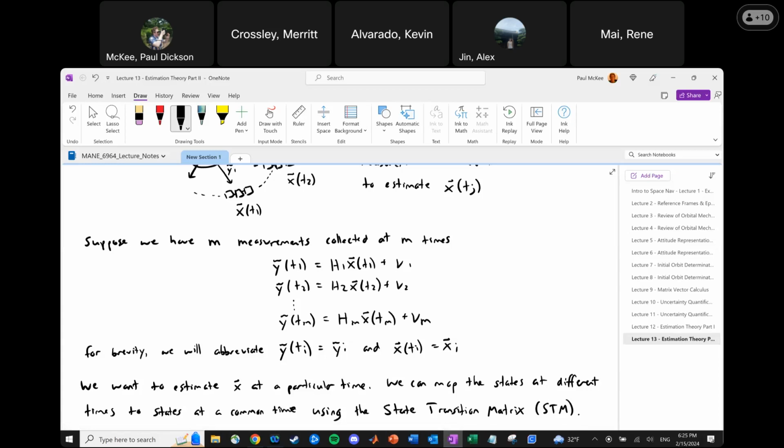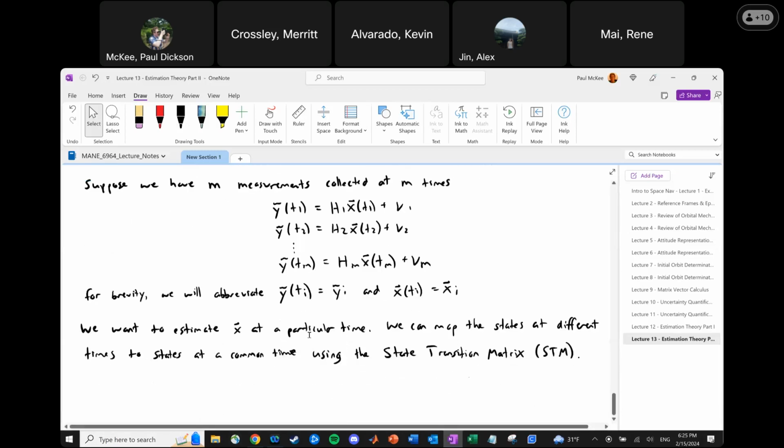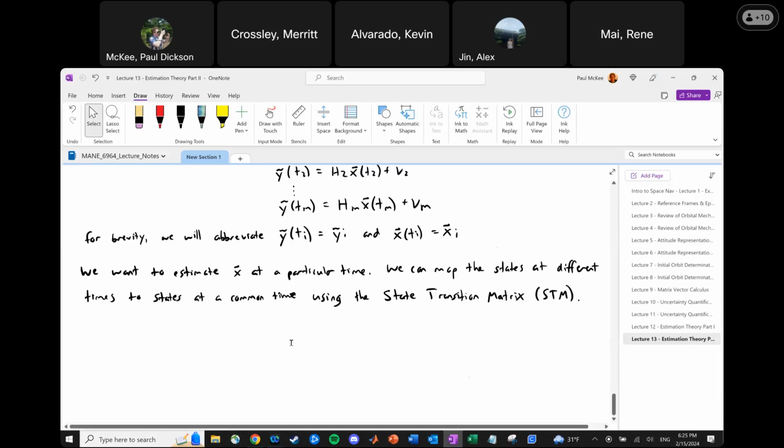So the state transition matrix, what the heck does that mean? Those of you that have not seen this before, or those of you who saw this before and were confused by it, let me explain what I mean.